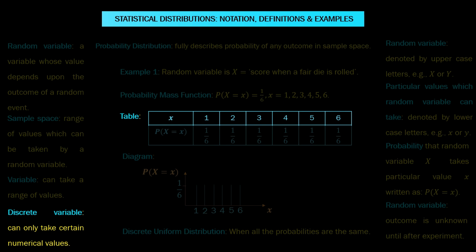And in this case also, we have a discrete variable, so it can only take a certain number of numerical values. And these are exactly 6 values which it can take.